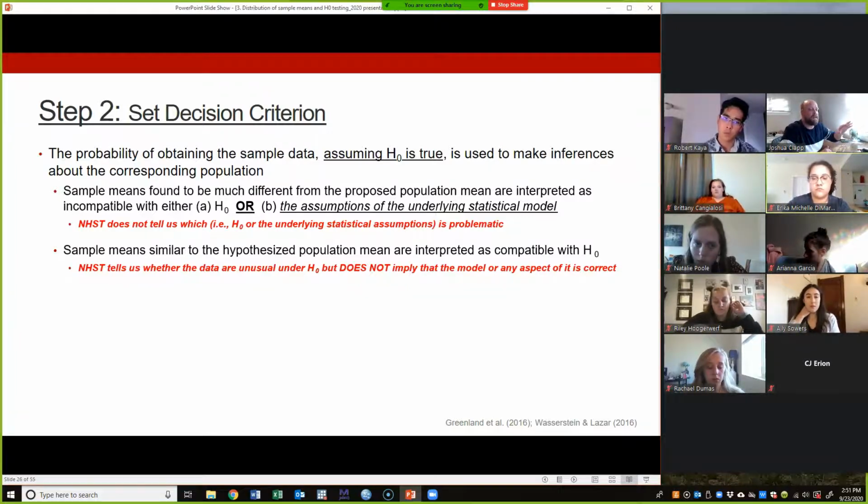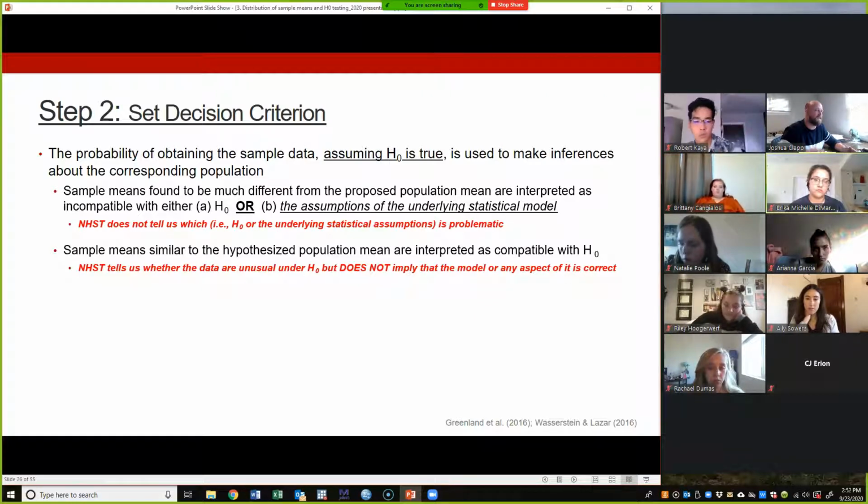But if the sample data are consistent or similar to whatever my hypothesized parameter is under the null, then I'm going to say it's close, right? I'm not going to say that the data means that the null is true. I'm just saying that it's not incompatible with what we would expect given the null hypothesis.